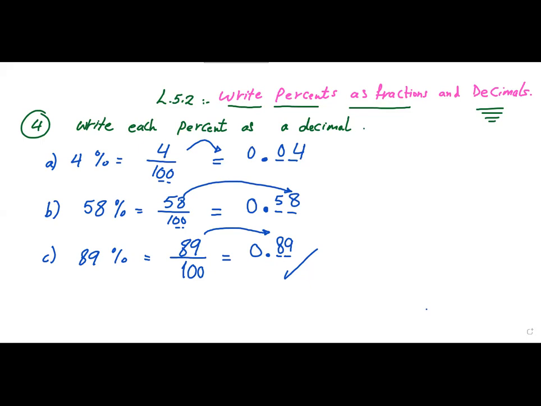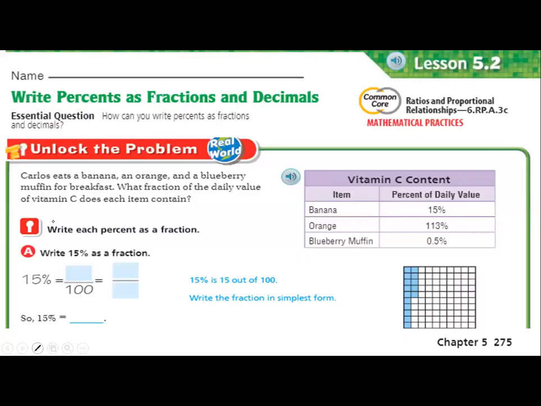Okay. So here on page 275, we have the unlock the problem. Let's unlock the problem together quickly. Carlos eats a banana, an orange, and a blueberry muffin for breakfast. What fraction of the daily value of vitamin C does each item contain?